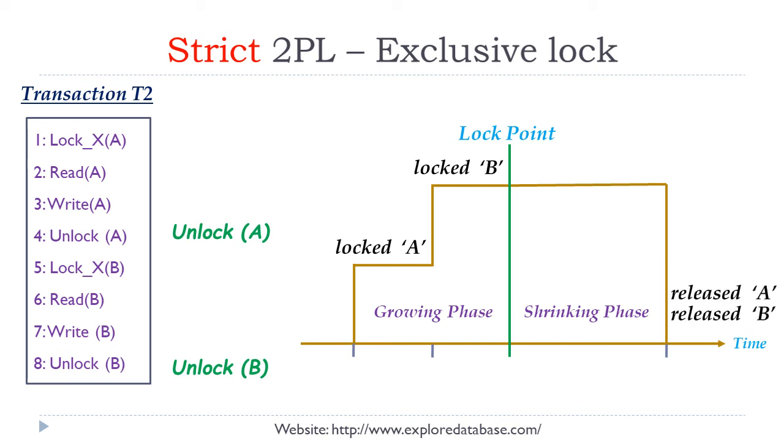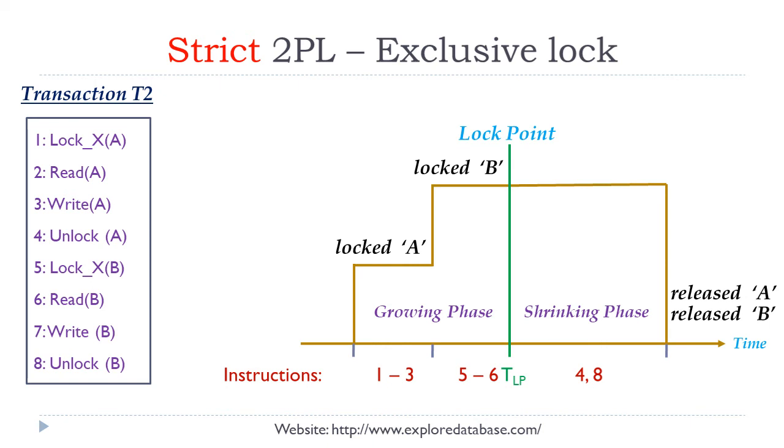We release A and B at the end of the transaction. And the instructions are executed in this manner. So instructions 1, 2, 3, that is lock A, read A, write A, are executed first, then 5 to 7, that is lock B, read B, write B, are executed first. Then at last the instructions 4 and 8 are executed after everything is completed.